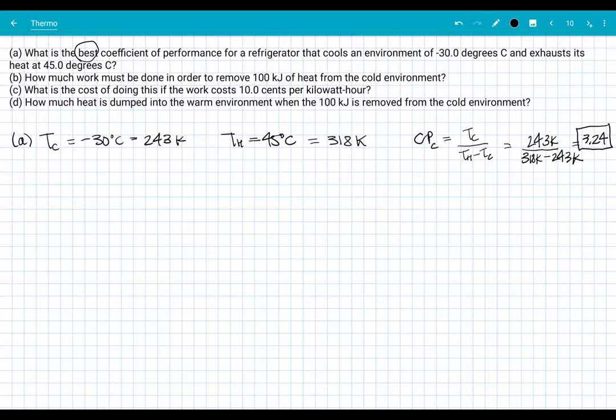Part B: how much work must be done in order to remove 100 kilojoules from the cold environment? You can imagine yourself putting some really hot food in there, and of course it's going to take work to remove that heat from the cold environment of your refrigerator and bring everything back down to the temperature it needs to be.